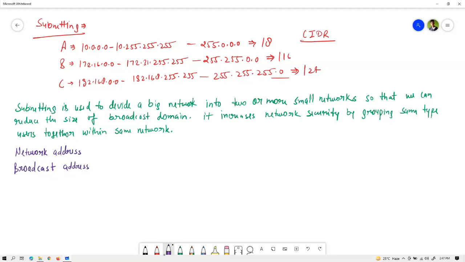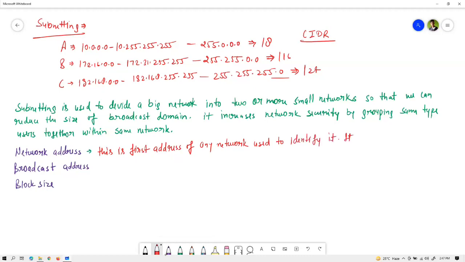After that, we have block size. See, this is the first address. Let me write here for network address. First, unusable address, used to identify it. It is unusable, means it will not be assigned.